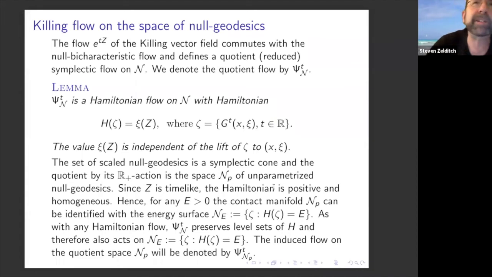And the Hamiltonian flow of the symbol of the box, which is just time translations, e to the tZ, commutes with the geodesic flow. So you can do what's called reduction or symplectic quotient and study the Killing flow on the space of null geodesics. So that is our dynamical system.